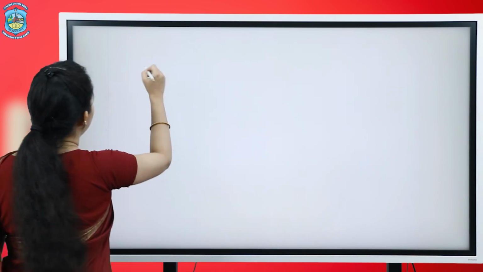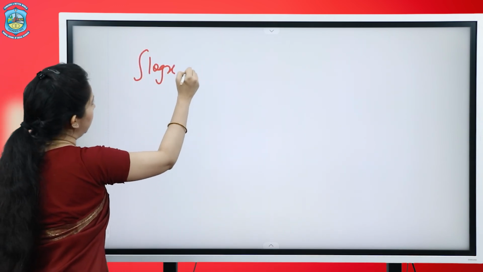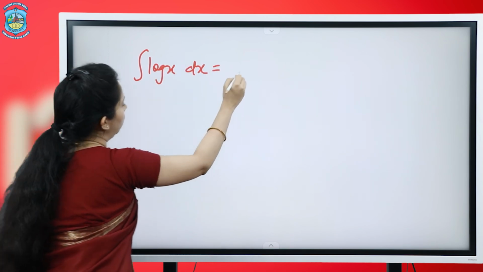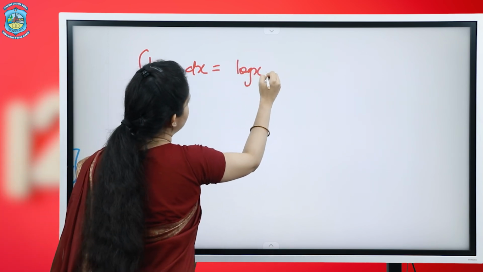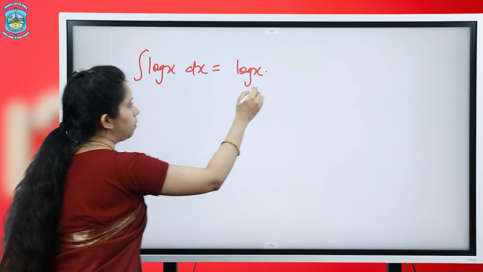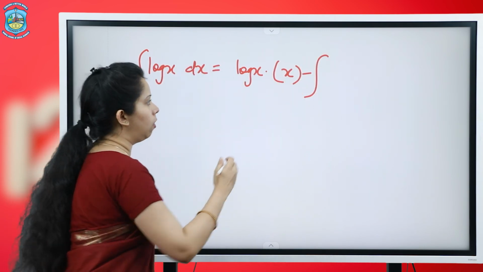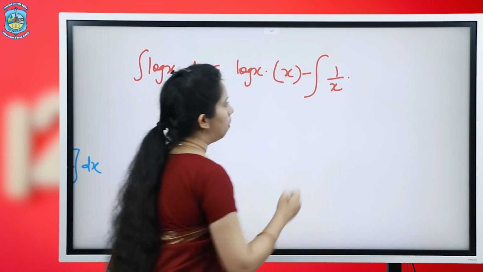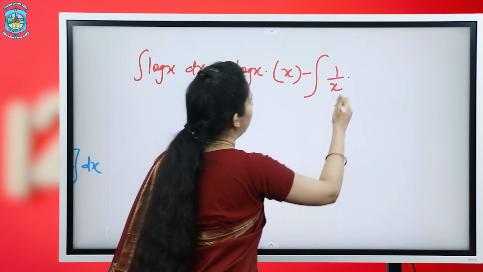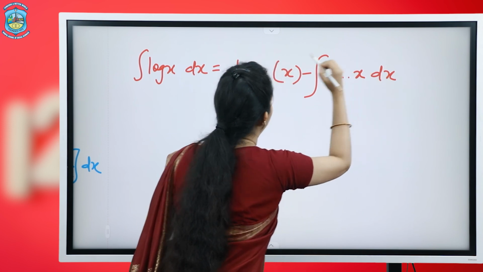Finally, integration of log x dx is equal to, first function remains as it is, integration of 1 with respect to x will give you x, minus whole integration, differentiation of log x, which is 1 by x, multiplied by integration of 1, that is x, dx.